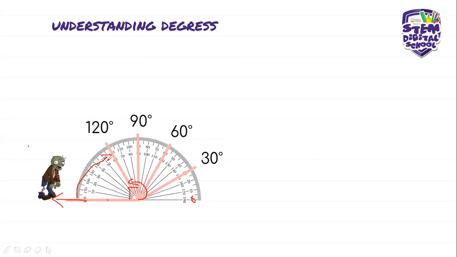This is a little complicated, so I really want you guys to pay attention to this. I want to give you an example quickly. Here we have our line, and our zombie turned 30 degrees. Now he wants to turn again. This new line that we drew is going to be our new baseline.